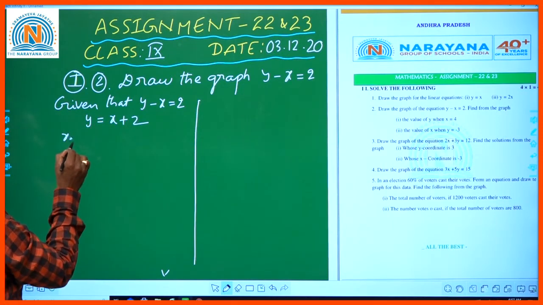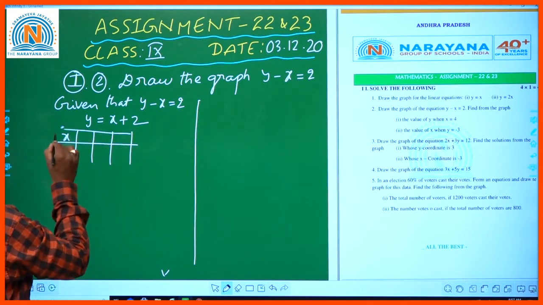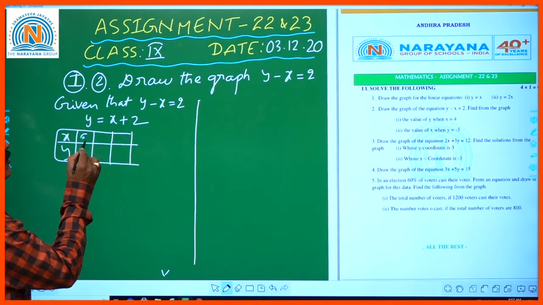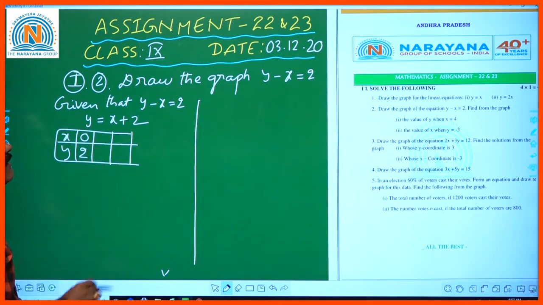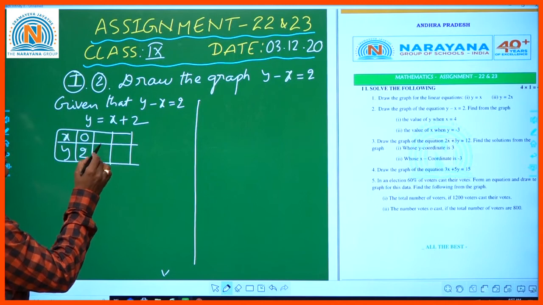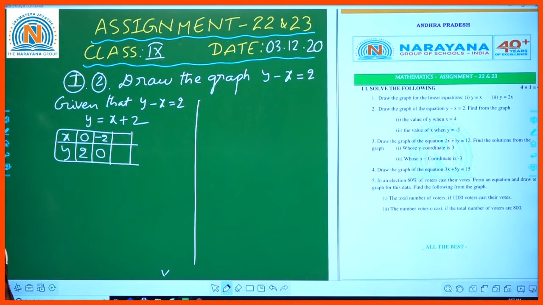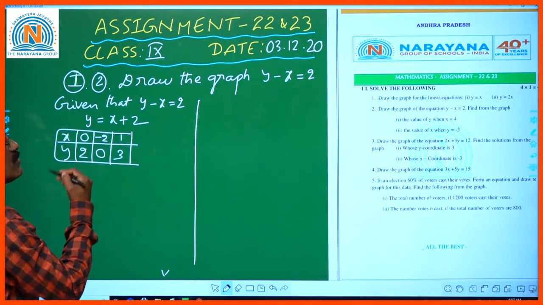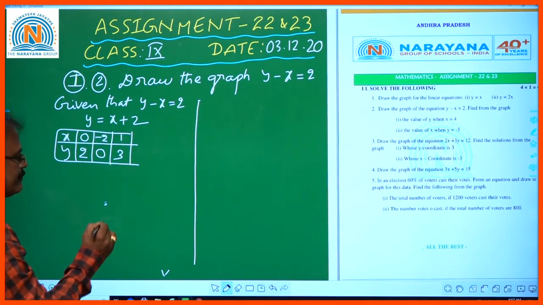So x, y. As I said, 2 points are enough. When x is equal to 0, 0 plus 2, y is equal to 2. When y is equal to 0, x plus 2 is 0, and when you transpose to the right side, x is minus 2. When x is equal to 1, y is equal to 1 plus 2, 3. Then draw the line.